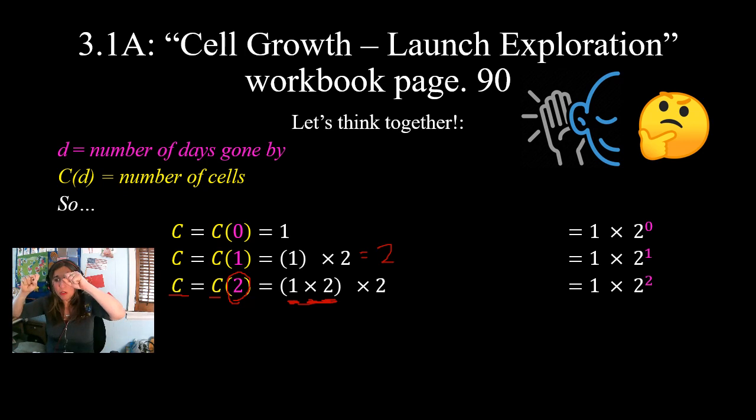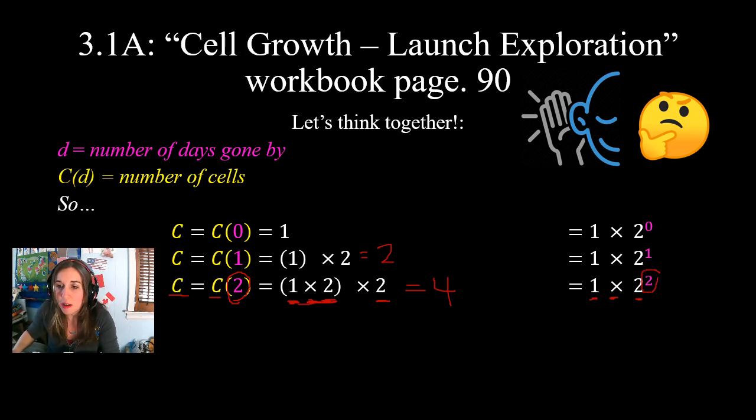What's going to happen to those 2 cells, you guys? They're going to split. They're each going to double, okay? So we need to double those 2 cells to give us 4 cells. Let's see if that works with our pattern again. So we said we were starting to notice this pattern of our initial value being multiplied by our constant multiplier raised to the number of days that have gone by.